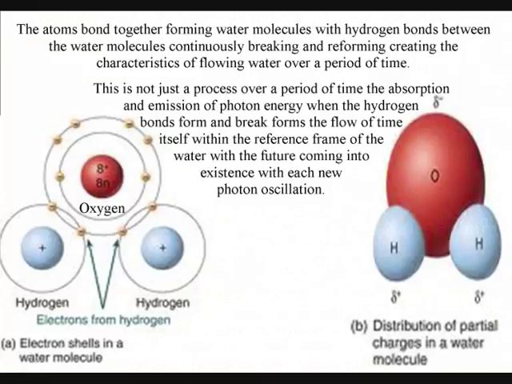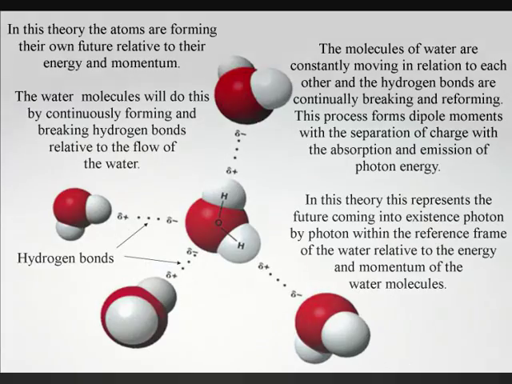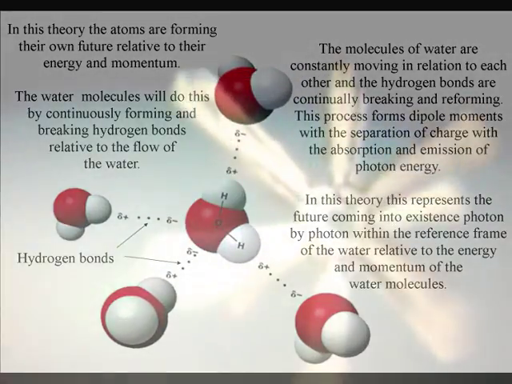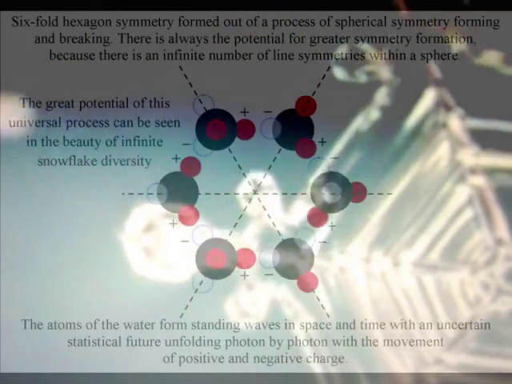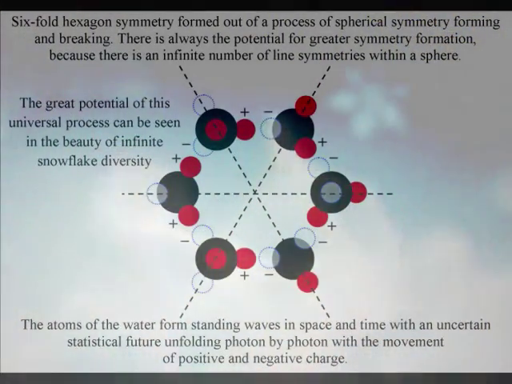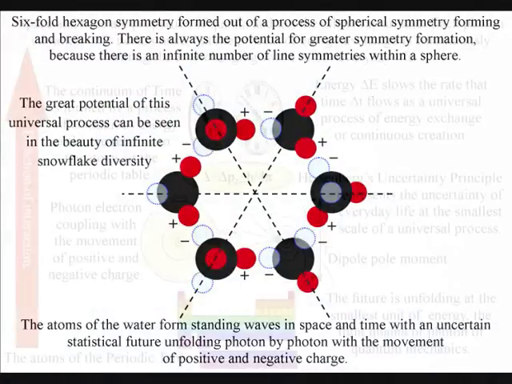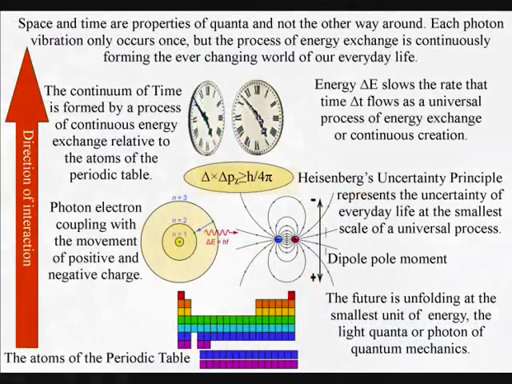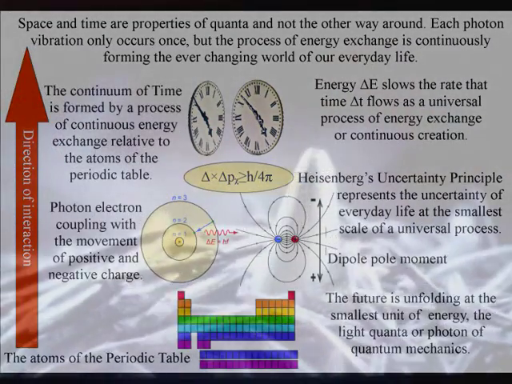Just a change in environmental temperature shows the interactive and creative nature of this process, with the atoms bonding together relative to the distribution of charge. Such a process forms the degrees of freedom needed for infinite snowflake diversity. The creative interactive nature of this process is formed by the spontaneous absorption and emission of light, with the movement of positive and negative charge.